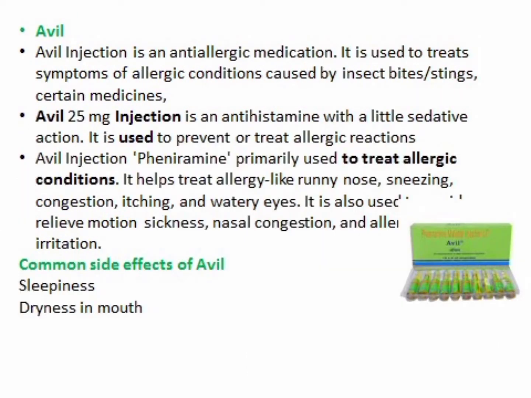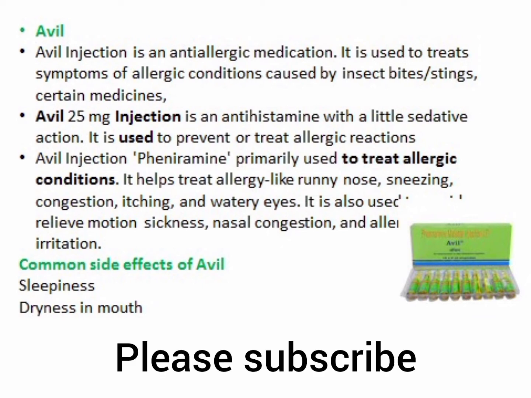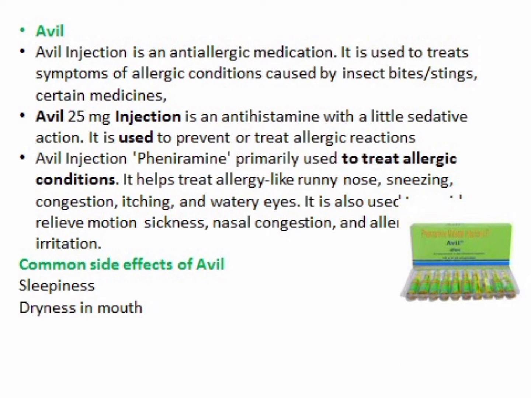Next is Avil. Avil injection is an anti-allergic medication. It is used to treat symptoms of allergic conditions caused by insect bites, stings and certain medications. Avil 25 mg injection is an antihistamine with a little sedative action. It is used to prevent or treat allergic reactions.